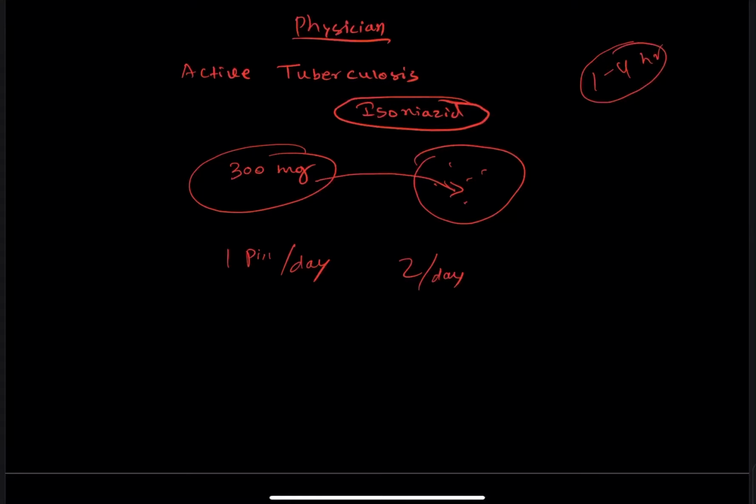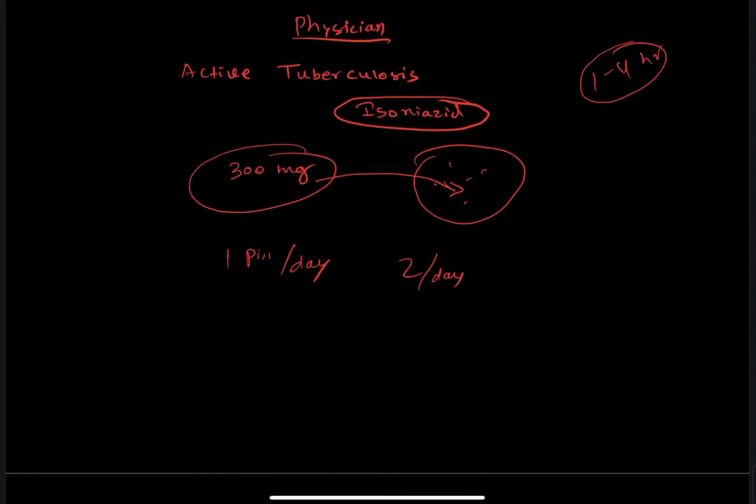If your kidney and your liver are working properly, then through your excretory system, 50 to 70% of a dose of isoniazid will be excreted by the kidney in 24 hours. So that means for up to 24 hours, you're going to have isoniazid in your body.